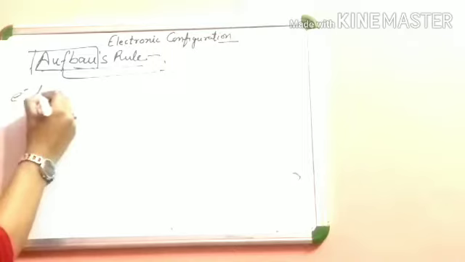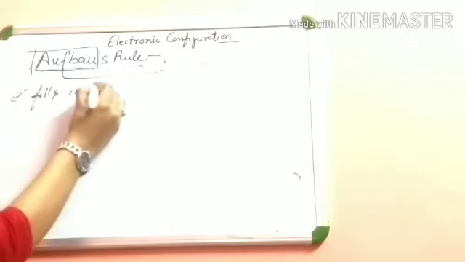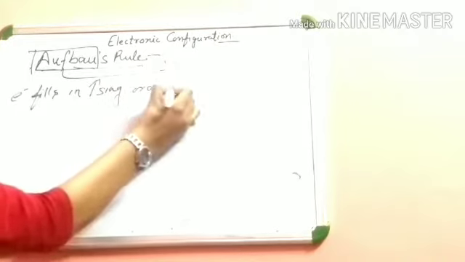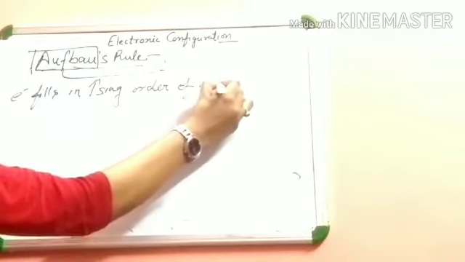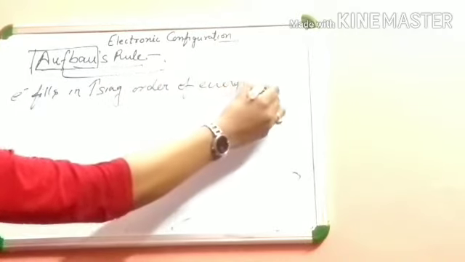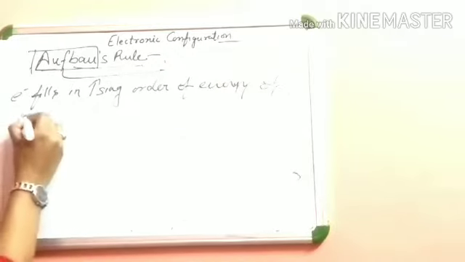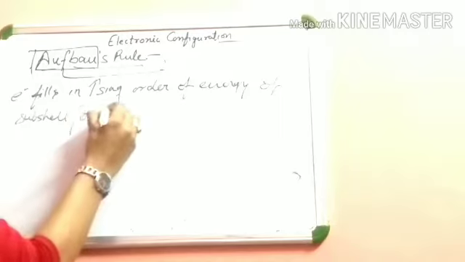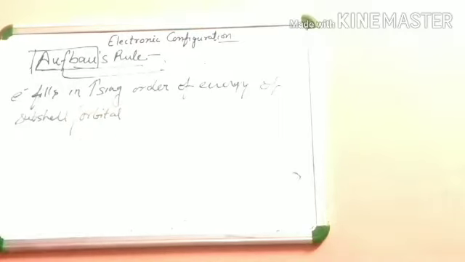Electrons are filled in increasing order of energy of subshells or orbitals.